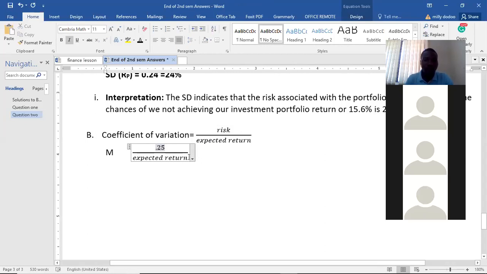Yes, 0.25. And the expected return for investment M is how much? 12%.